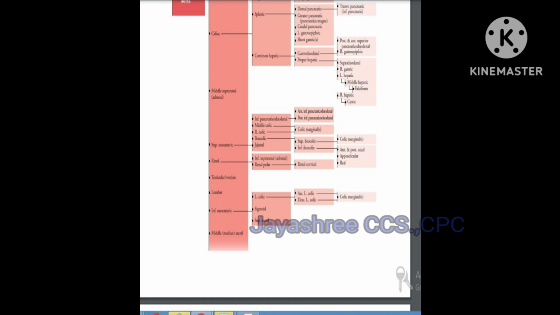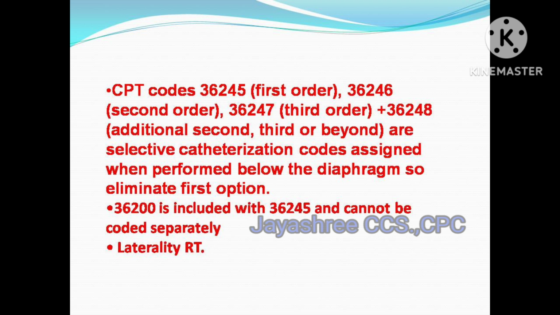Non-selective catheterization is excluded here as per the guidelines, so there is no need to code it additionally. So 36200, we have to eliminate that option. Then the renal angiography 7 series code we have to code additionally with the 26 modifier. So that's it for the example. Now, guys, all the excludes and includes you have to check under the CPT description, in the parenthesis itself.